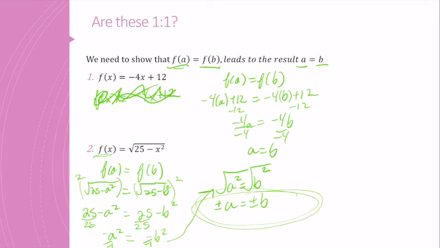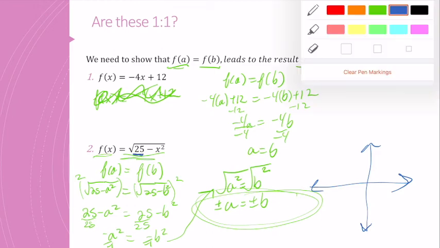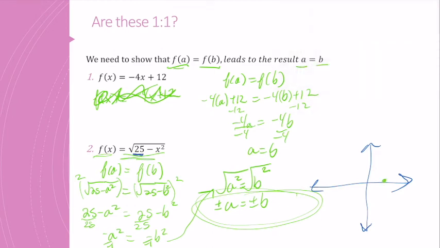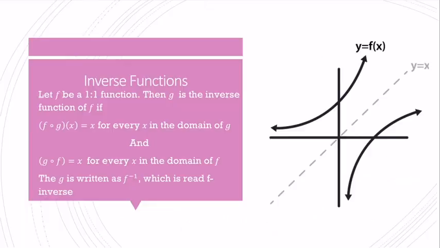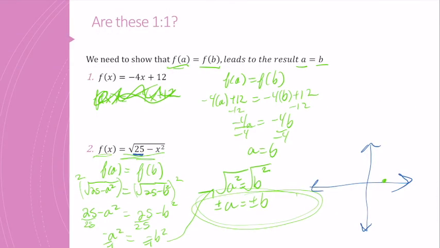Well, let's envision what this looks like. This is a square root function. I think I might have done this one incorrectly in class, and so I apologize. Here I have my function. It's shifted to the right. It's going to look something like this. When x is 0, y is 5. It's a square root function.